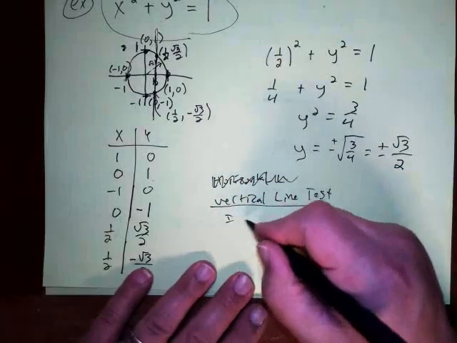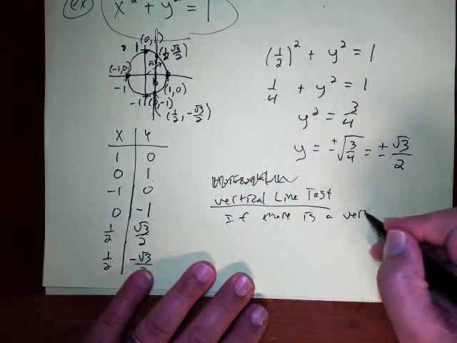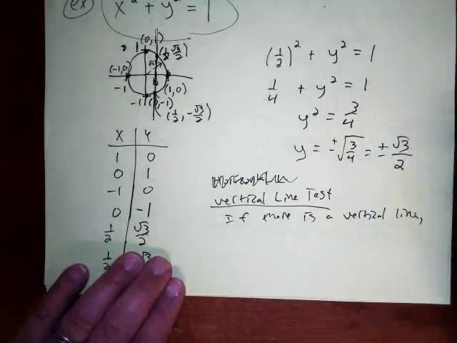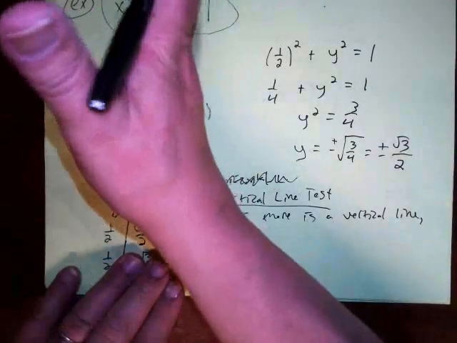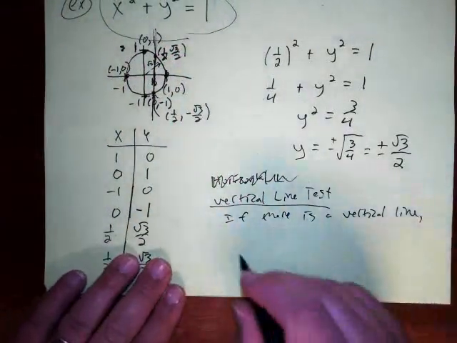Okay, if there is a vertical line, and you only need one, but usually there's many, like there's an infinite number of vertical lines that's going to intersect this graph in two places.